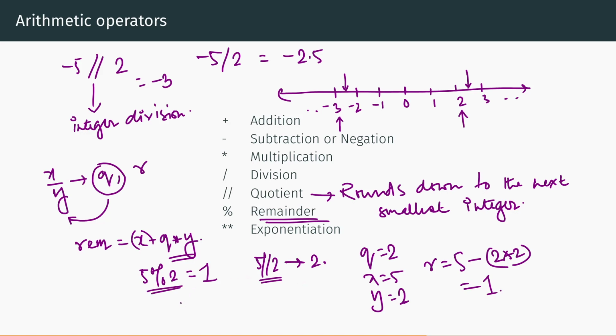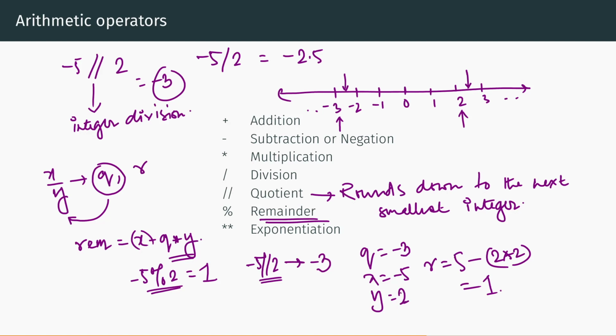Now, what happens when we divide minus 5 by 2? What is the quotient? Firstly, the quotient of minus 5 by 2, as we have seen, is negative 3, right? So let's change q to negative 3. X is minus 5, so let's add a minus before this 5, and y is 2 as usual.